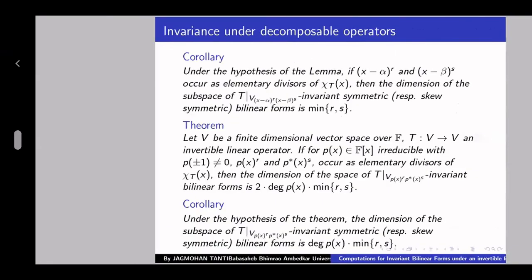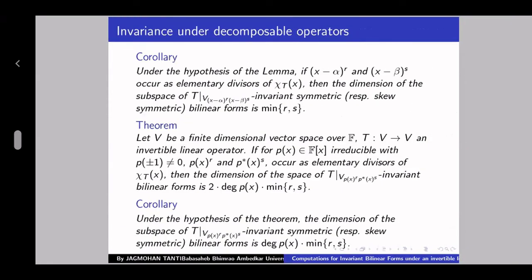Here we are answering the same question with invariant symmetric bilinear forms. So it is coming as minimum of r and s, and also for skew symmetric forms. Both are the same, minimum of r and s.